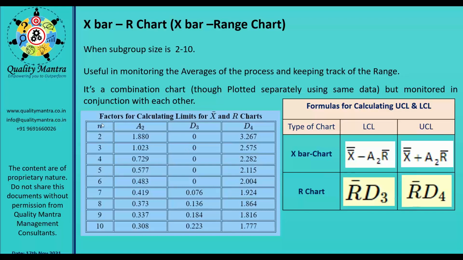And this is the N. N does not mean sample; it is the subgroup size. So if the subgroup size is 2, 3, 4, 5, 6, 7, 8, 9, 10, you are going to use these different kinds of constants.